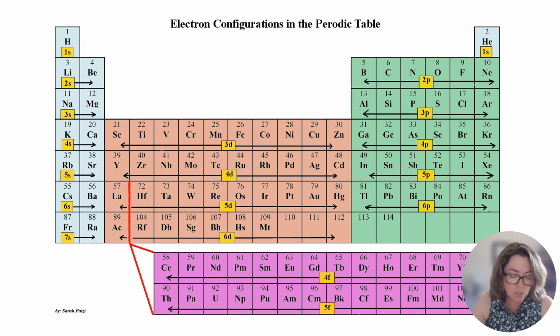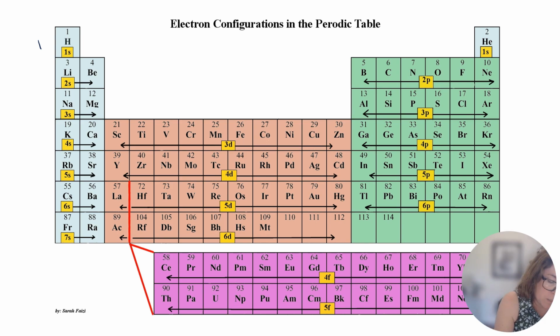Now, what we're going to be doing is taking those 2 definitions, our energy levels and our orbitals, and putting this on our periodic table so that we can use that to help us figure out what the electron structure looks like. First, like we talked about, our energy levels, we have a total of 7 periods, and so that's going to correlate to our 7 energy levels.